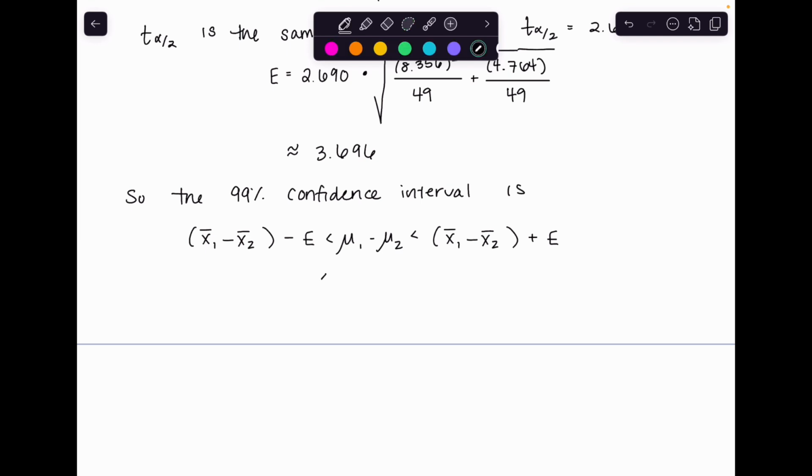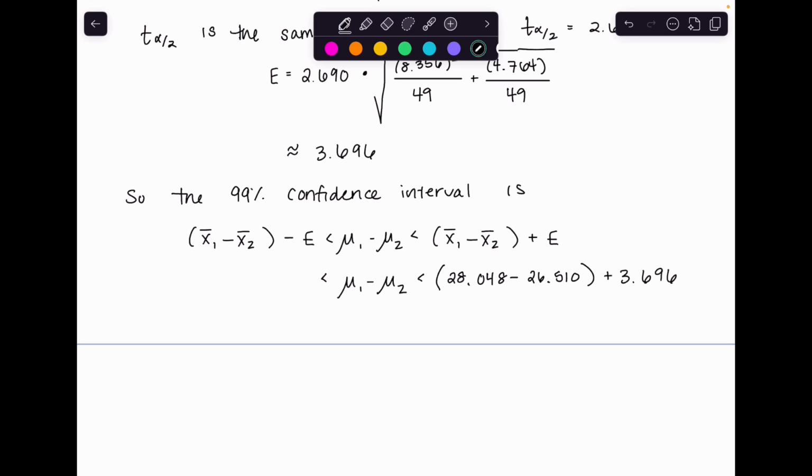Filling in the values we have, x1 is 28.048, x2 is 26.510, and the error we found out to be 3.696.